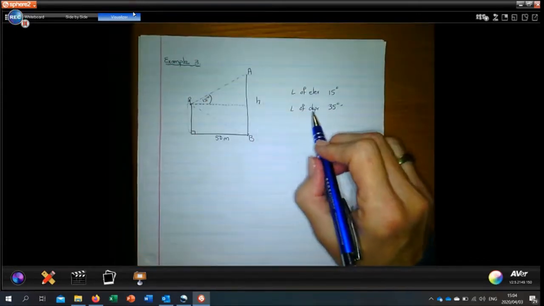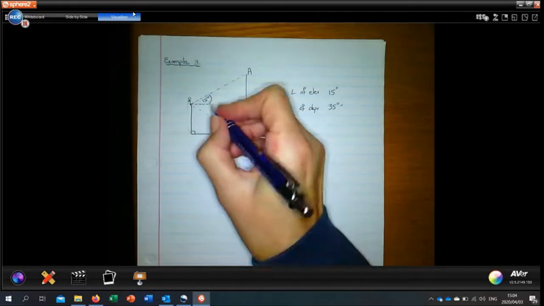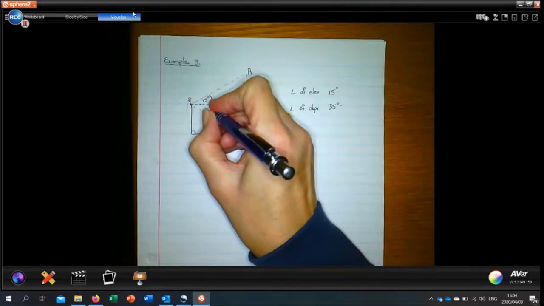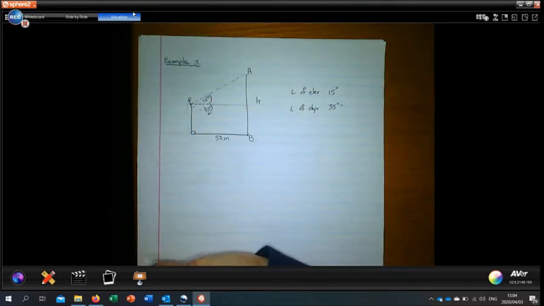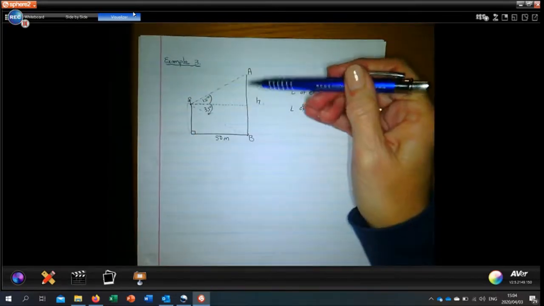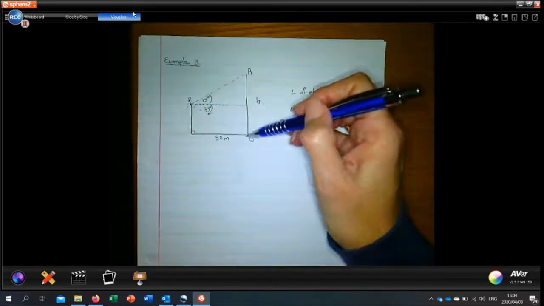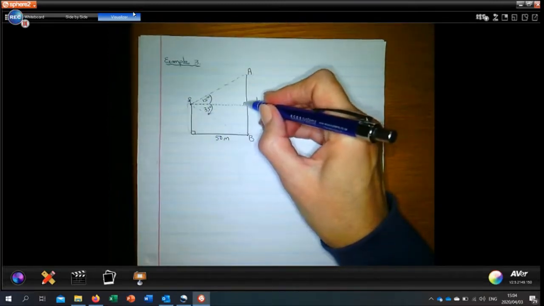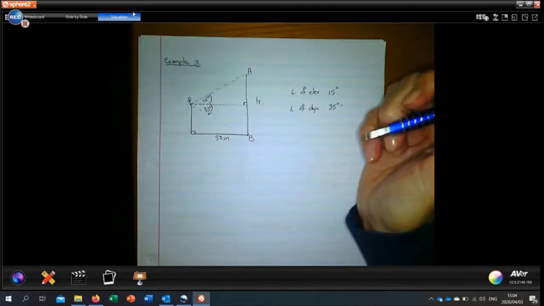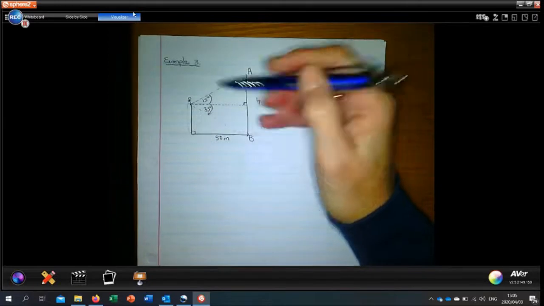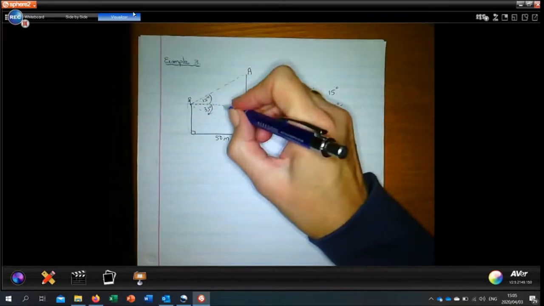And my angle of depression from horizontal down is 35 degrees. My question is, calculate this whole thing. Now remember, this horizontal line is parallel to this horizontal line, so I'm going to make this my 90 degree triangle. And if this part there is 50, then that length from there to there will also be 50.